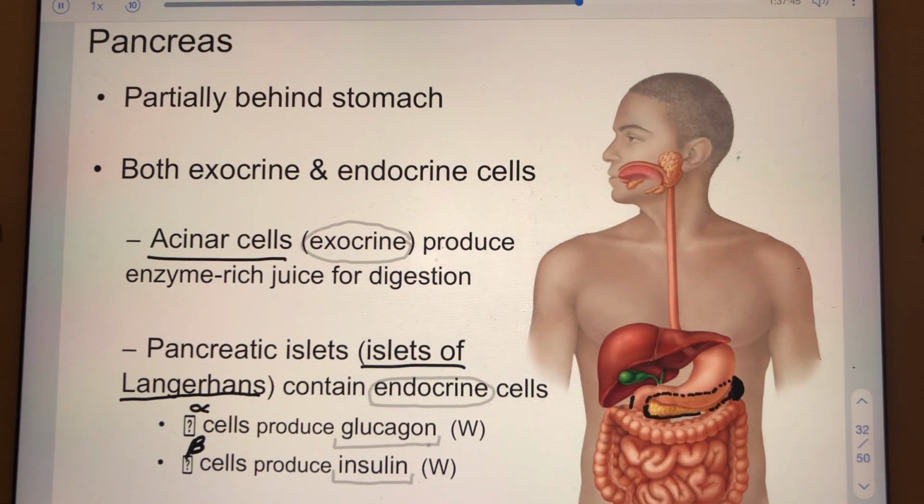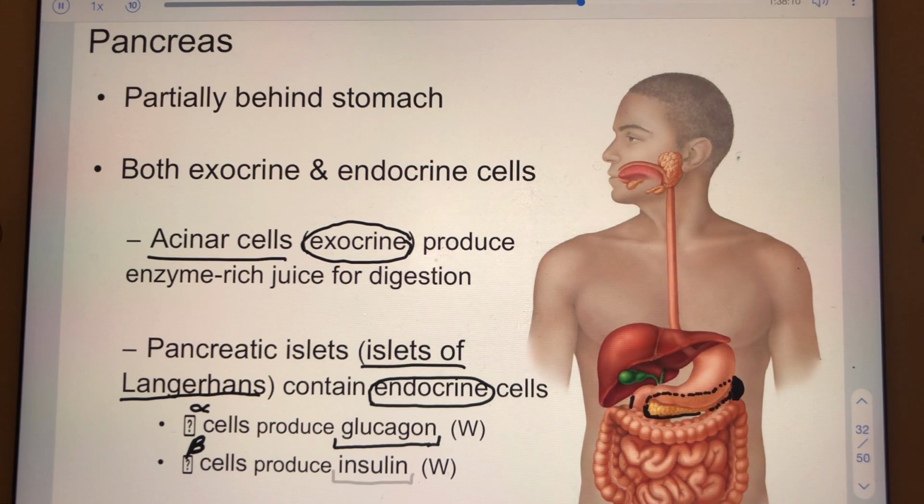They are endocrine in function, whereas acinar cells do have ducting associated with them, and therefore they are exocrine in function, and anatomy for that matter. The job of alpha cells is to produce and secrete glucagon.